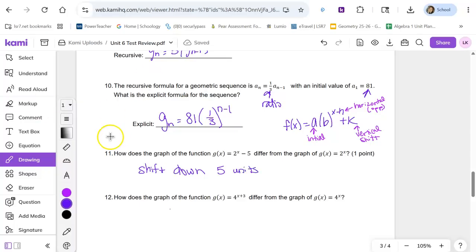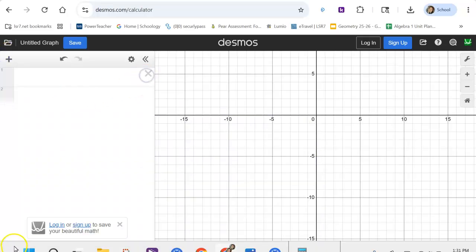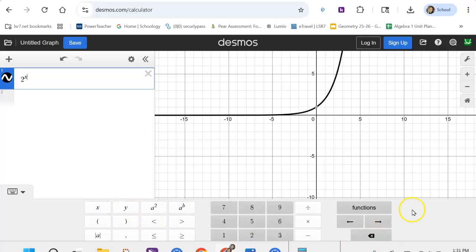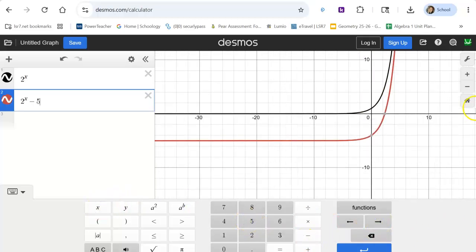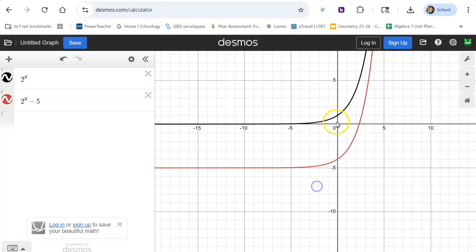If I go to my Desmos and I first graph 2 to the x power, and then I graph 2 to the x power minus 5, you can see that it shifts, let me scroll in, it shifts 5 units down. 1, 2, 3, 4, 5.